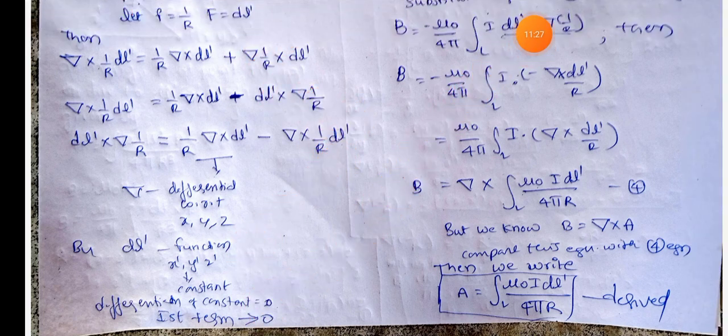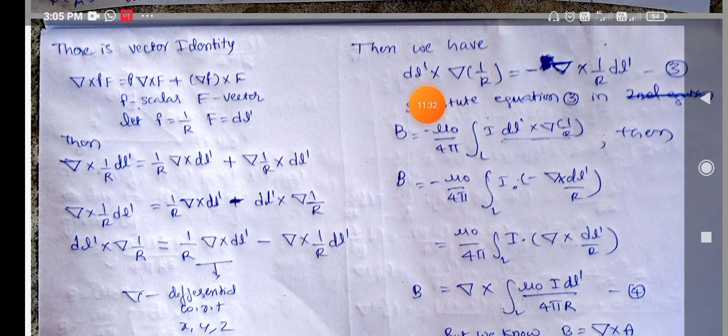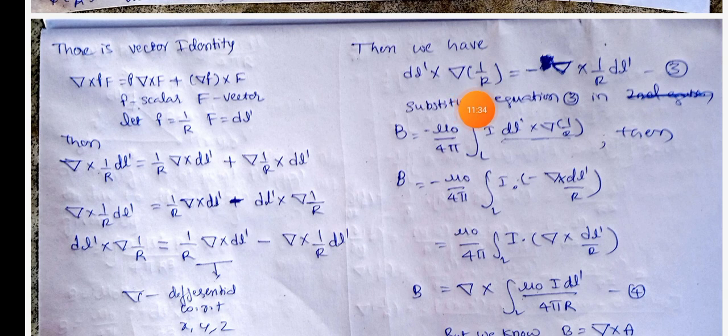Now what happens is that dl dash cross gradient of 1 by r becomes minus gradient cross (1 by r dl dash).